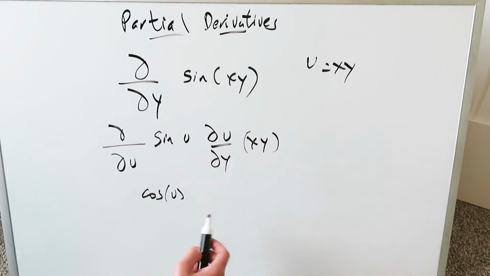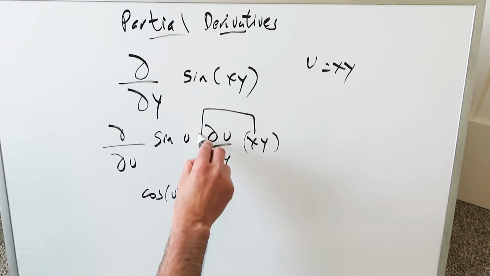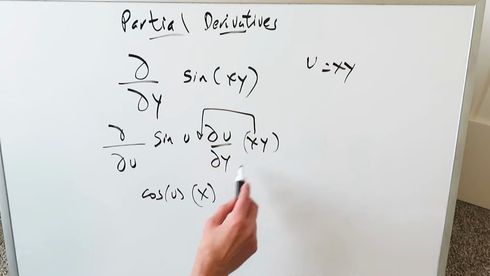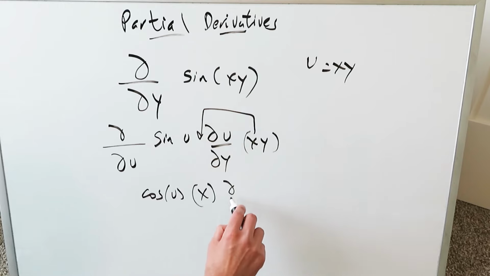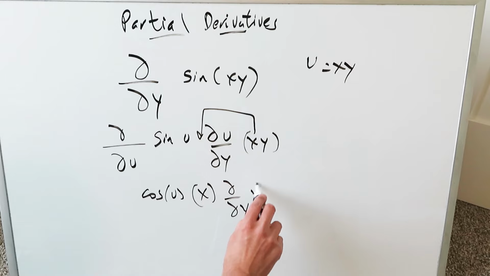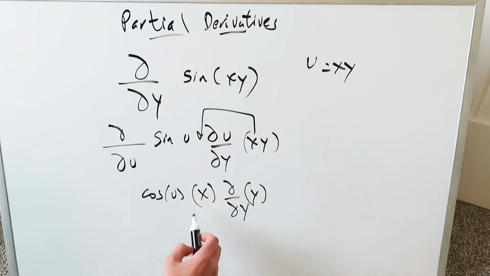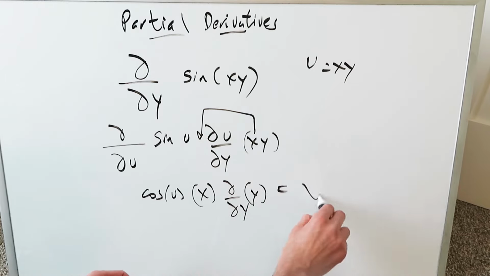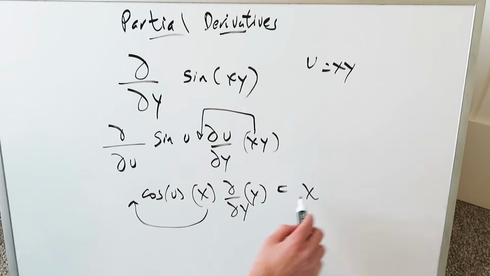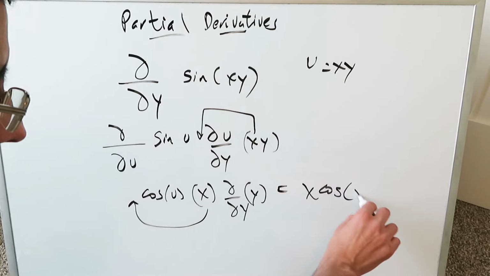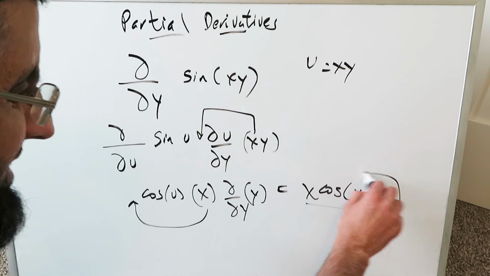We'll resubstitute the u at the end, but this is a constant, it can be pushed outside. You're looking at an x, and now the partial derivative of just y, and you know what that is, it's just a 1. When you rewrite all of this properly, you can push this x right over here, and then you're looking at x times cosine of u, which was just really xy, and this right here is your answer.